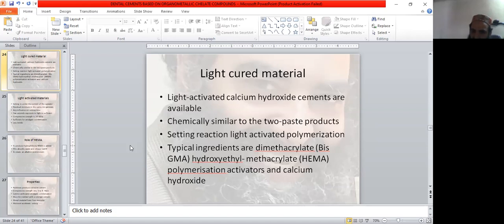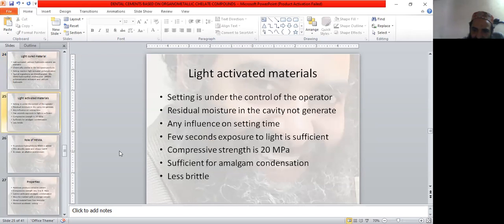Typical ingredients are dimethacrylate, bis-GMA, hydroxyethyl methacrylate, HEMA, polymerization activators, and calcium hydroxide. And you people know the activators. Now, setting is under the control of the operator, that is command set.